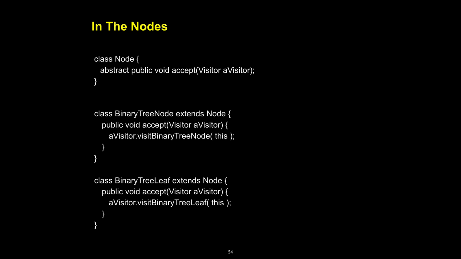So it's just usually accept, right? And so each node has an accept method, and then the visitor has a visit this type of node, visit that type of node, and then we call it.